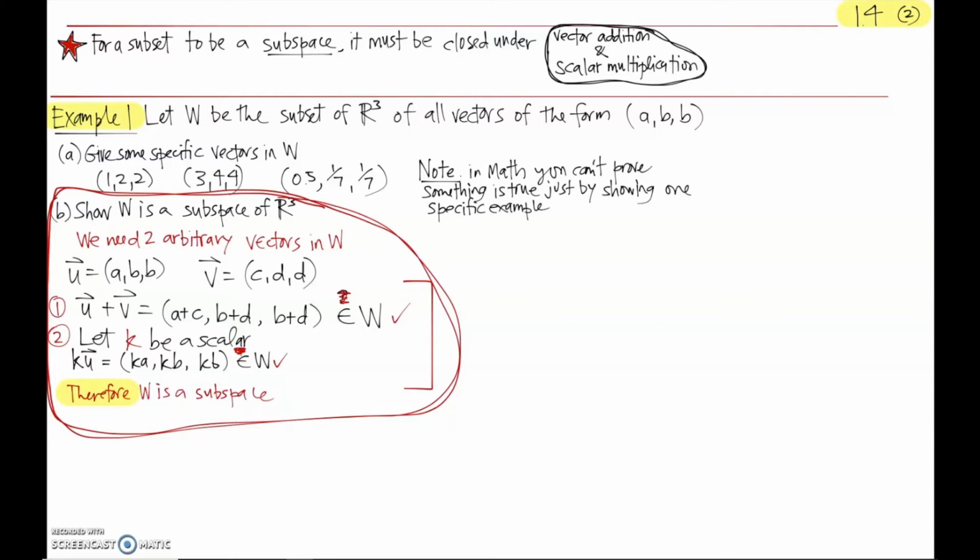You really have to show that it's true in a general way. And that's why we were using such arbitrary vectors and not particular numbers.